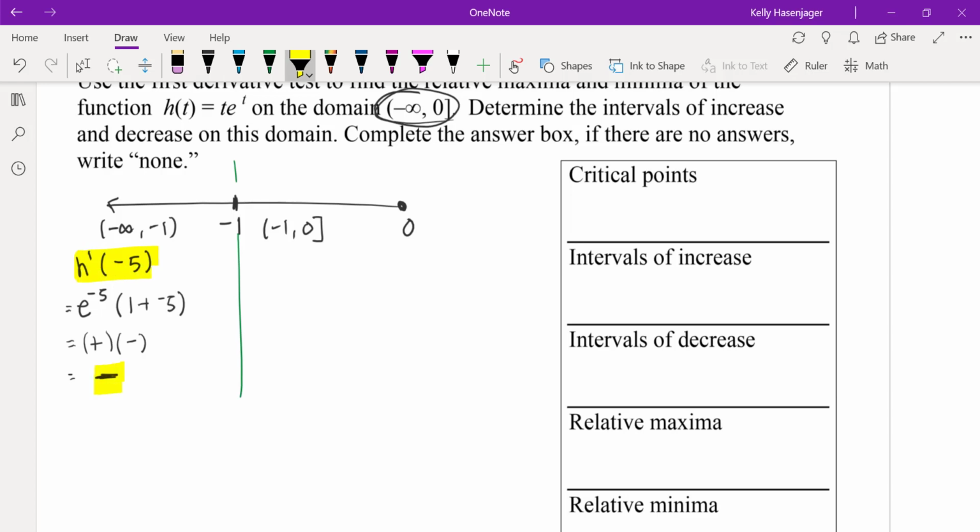We got that the derivative is negative on that interval, so that tells us the original function is decreasing on that interval. Now I'm going to pick a point between -1 and 0. It has to be in that interval, so I'm going to pick -1/2 and plug it into the derivative.